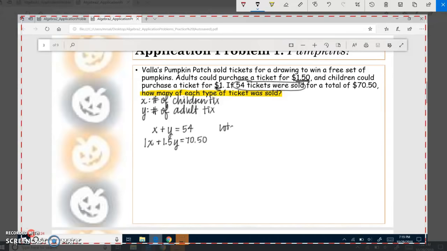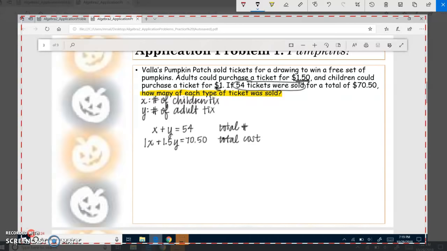At this point, our goal is always, once we have a system of equations, and in this case, we've got one that represents total number of tickets, and one that represents total cost, then our next goal is to decide what's the best way to solve this. What's the best way to get X or Y by itself, get a value, plug back in and solve for the remaining variable. We could always go to graph things, but generally with application problems, that's going to be our least favorite technique to work with.